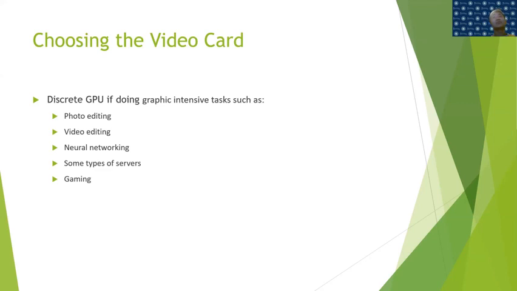These are examples of activities that require a lot of GPU power, whereas your integrated graphics card will suit you fine for casual use, like maybe doing homework. But if you're doing these tasks, it's best to go with the extra power that the discrete GPU has.